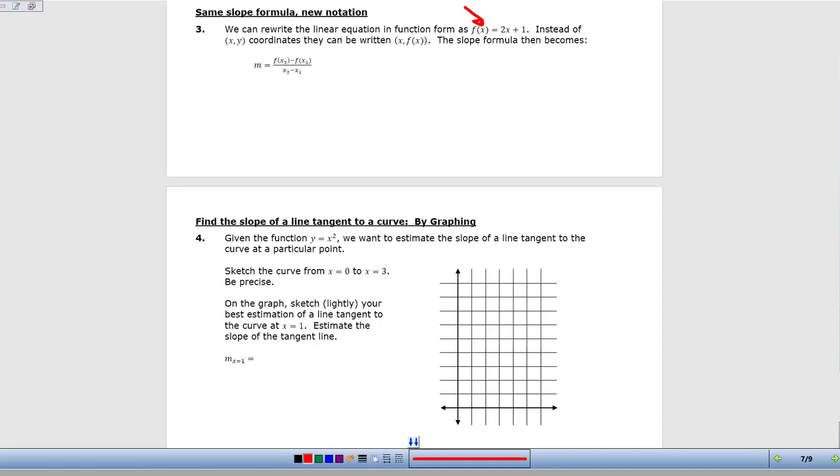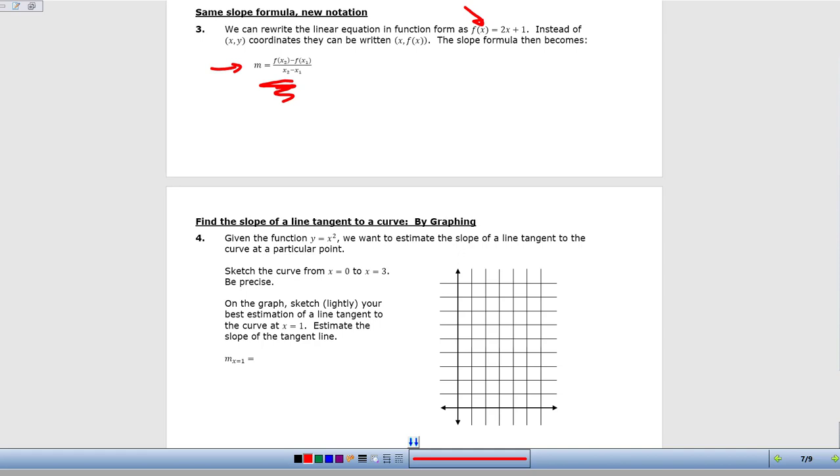For our purposes, it's important that we start to transition our slope formula into not y2 minus y1 in the numerator, but f of x2 minus f of x1 over x2 minus x1. Of course, the output of the function corresponds to the input. So x2, f of x2 is one point, and x1, f of x1 is the second point. We just want to get comfortable with that format. Again, this is setting up what's going to come in subsequent lessons.